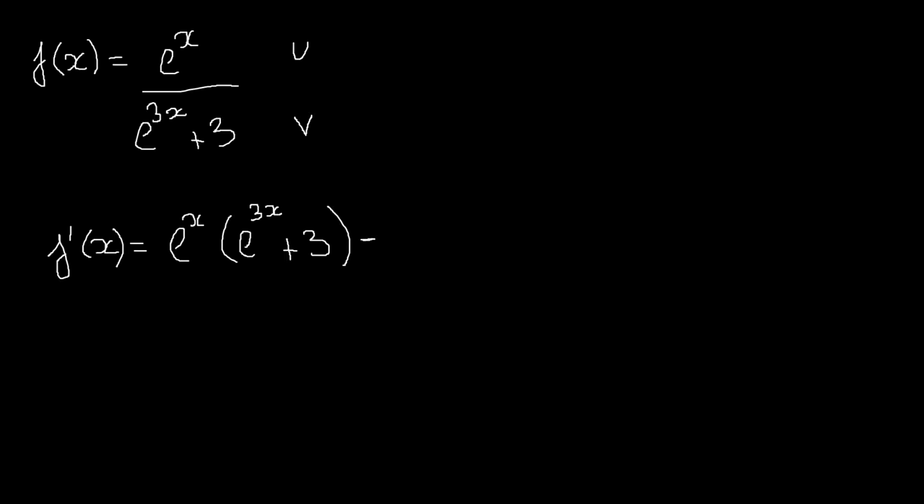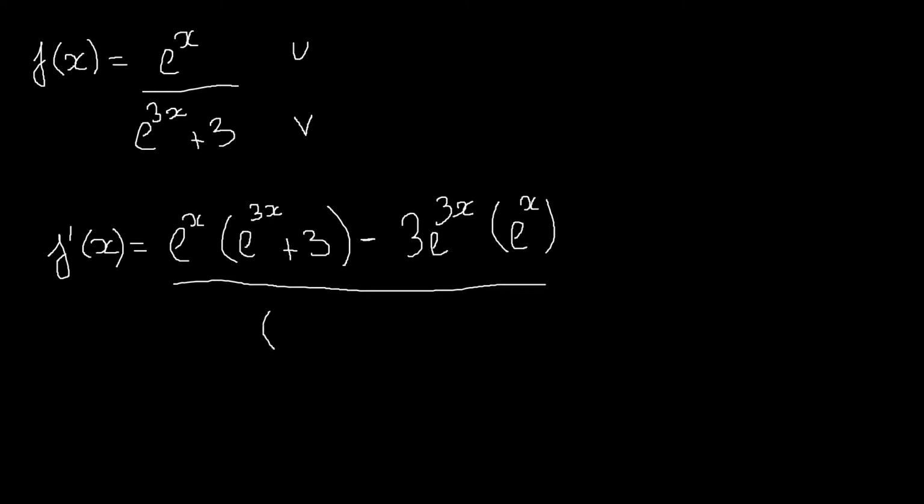When you differentiate v, you will get 3 e to the 3x multiplied by e to the x, over v squared, which is e to the 3x plus 3, squared.